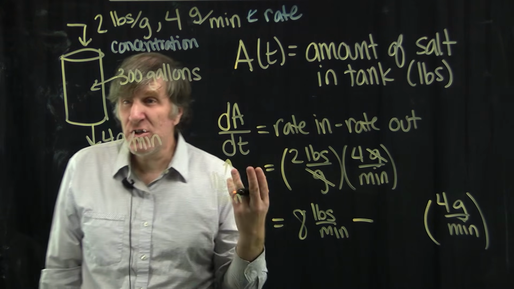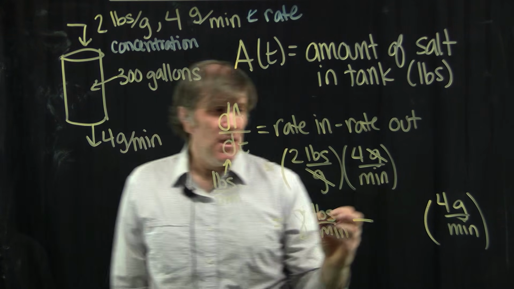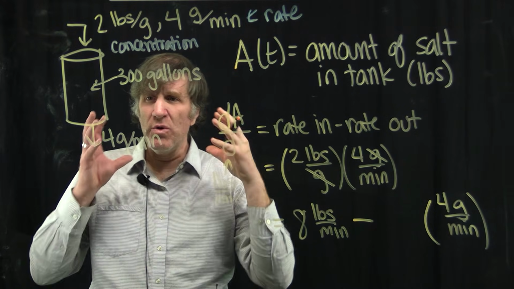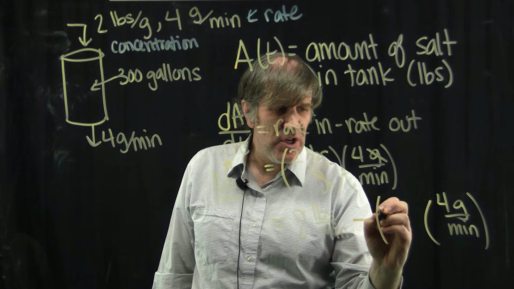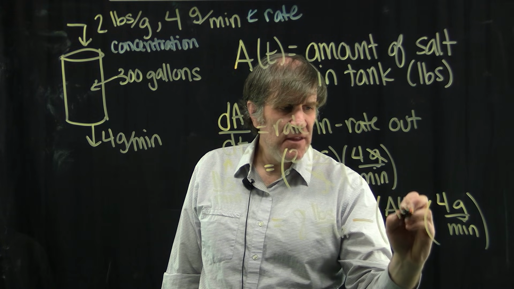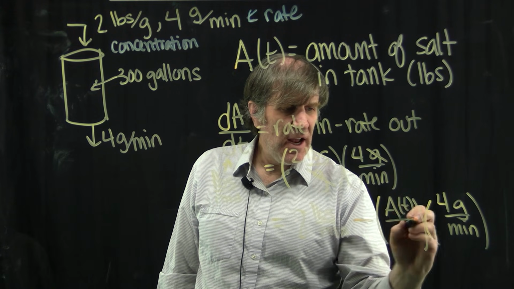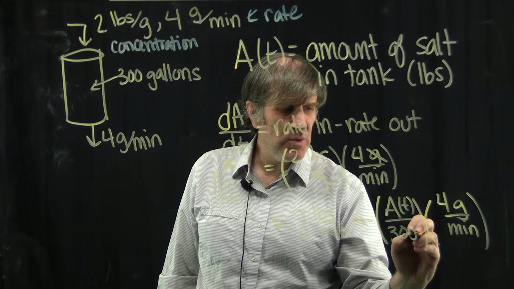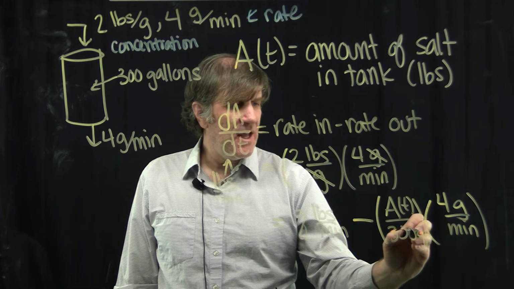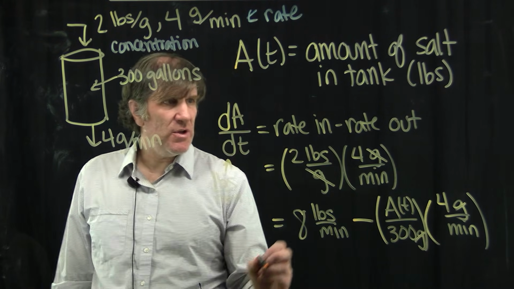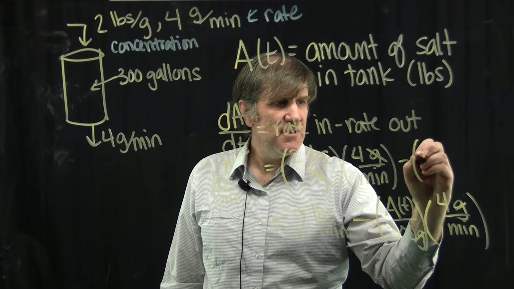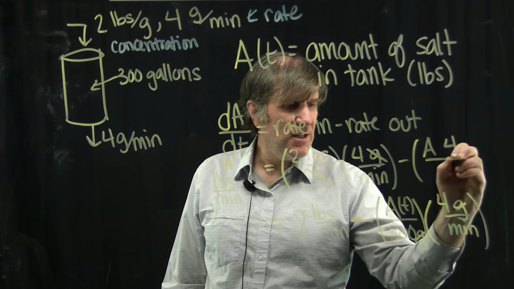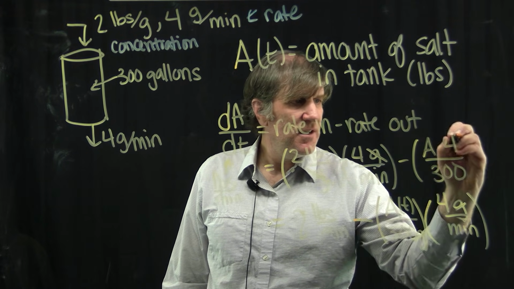But what is the concentration of salt in the tank? The concentration is going to be the total number of pounds divided by the total volume. So the concentration is A, that's the number of pounds, and the volume is 300 gallons. So once again, the gallons are going to cancel out here, and I don't like that this is sitting there alone, so I'm going to write it in.